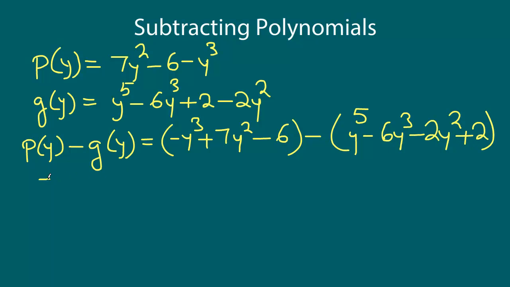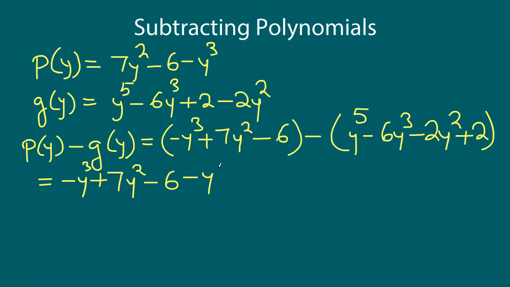And like we did in the second example, before we combine, we want to open the parentheses, right? So this will help us get the right signs. So the first term will be as is, so we will get minus y cubed plus 7y squared minus 6. And now for these terms, this is plus, so when we open the parenthesis, this will become negative.